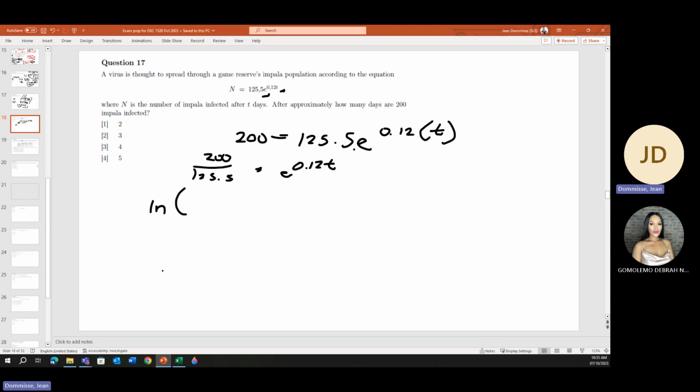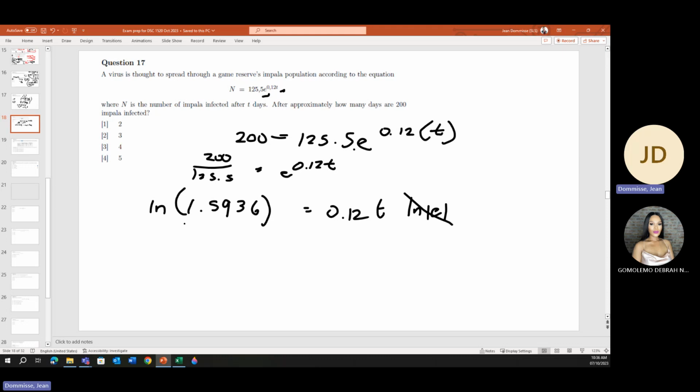Let's just check what is 200 divided by 125.5, so log of 1.5936 is equal to 0.152 t, and we can see that the e actually just disappears.